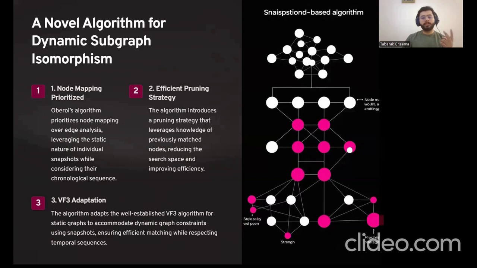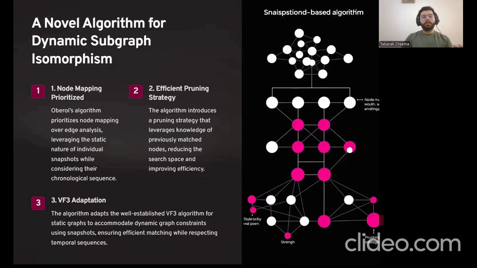What that means is they use the knowledge of previously matched nodes to reduce the search space and improve efficiency. And thirdly, the existing VF3 code was well established and further modified to accommodate the dynamic graph constraints.